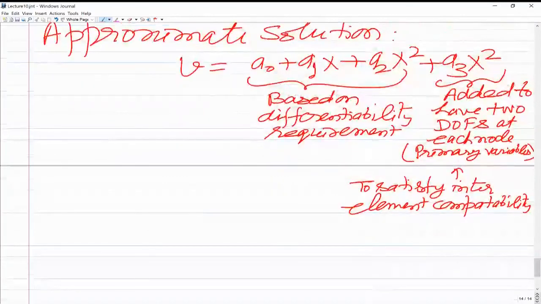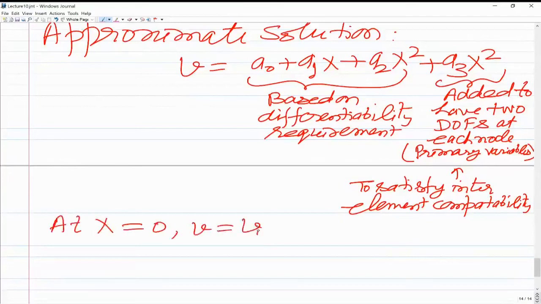express these constants A0, A1, A2, A3 in terms of values of the displacement, and in this case derivative of the displacement, at the node points. As you know, at capital X equal to 0, left end of the element, we have V equal to V1E.